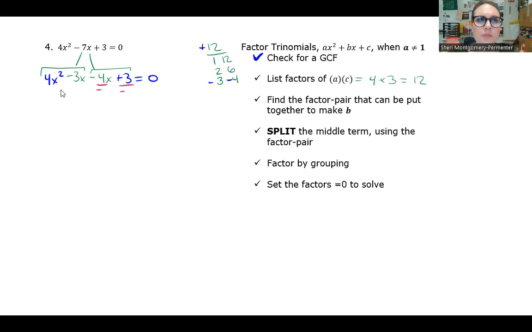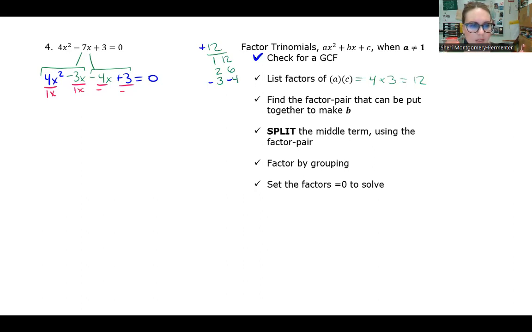For my first grouping, is there a number that can divide into 4 and 3? Just one. So the only thing I can pull out is a 1, and they both have an X. So I can pull that out in the front.